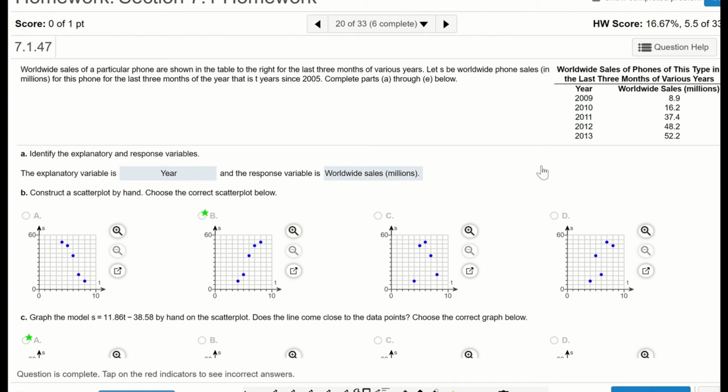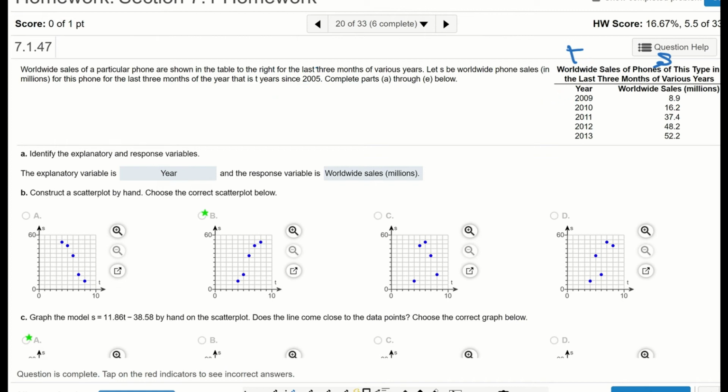So when you set up your table, remember that you're going to be using T as the explanatory variable, and you're going to be using S for the response variable. In other words, the sales in millions. But of course, remember, you're not going to use, for example, T equals 2009, right?